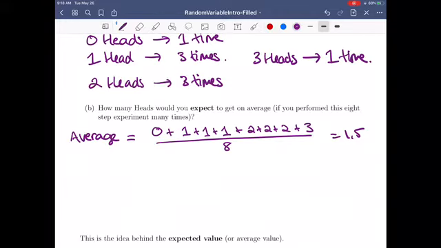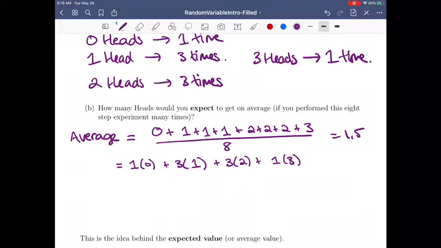What I want to do is rewrite this. Here I have 1 0 plus 3 1s plus 3 2s and plus 1 3. Because I have a fraction all over 8, I can put each one of them over 8. That's like a common denominator, I'm just doing that backwards.